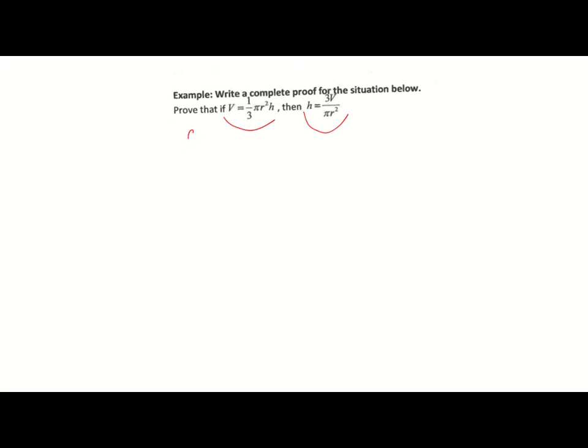Okay, one more proof. Write a complete proof for the situation below. Prove that if this is true, then this is true. So our given information is going to be this equation at the top: V equals 1/3 pi r squared h.